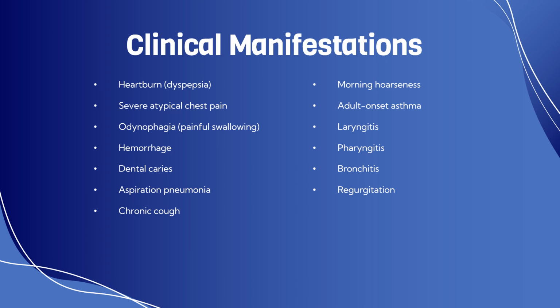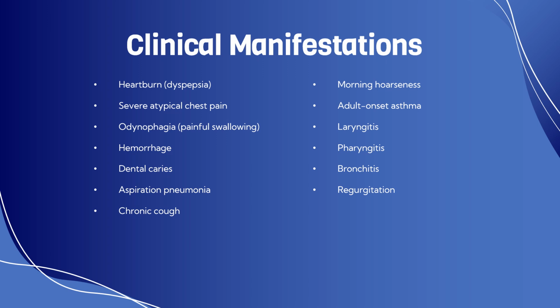Your patient, if it's also in the mouth, can then aspirate, breathe it in, which can then cause aspiration pneumonia. So that's that gastric acid, instead of going back down into the esophagus, actually getting diverted into the trachea and going down into the lungs, which causes aspiration pneumonia and a chronic cough.